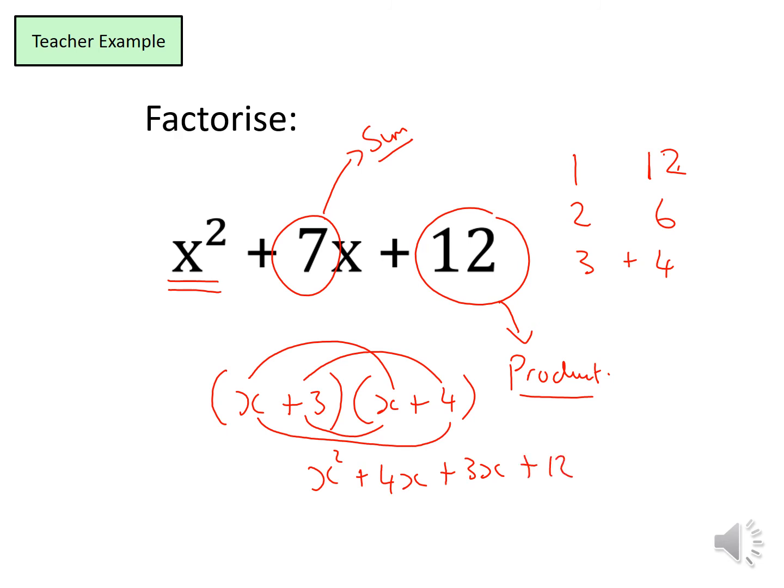And because we've done it in the order of FOIL, this middle bit over here will always simplify, so I get plus 7x, and that goes back to the original quadratic expression that we started with, so we factorized this correctly. Copy down these steps and then move on to the next example.